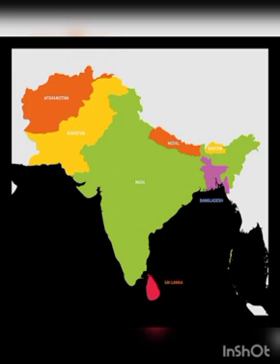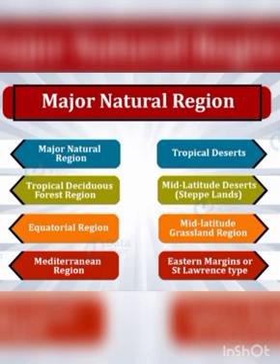India has many types of natural vegetation. What is the meaning of natural vegetation? Natural vegetation means the plants and trees growing naturally in an area. They are not planted or grown by people. Can you understand?